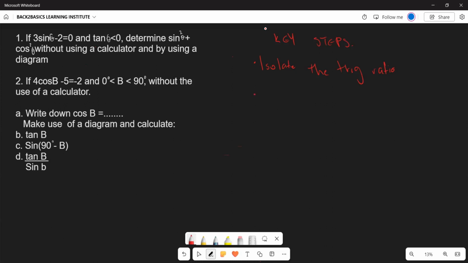Then secondly, after you have done that, you need to determine the quadrant. You must determine which quadrant this particular ratio is going to fall in. How do you know which quadrant it is?